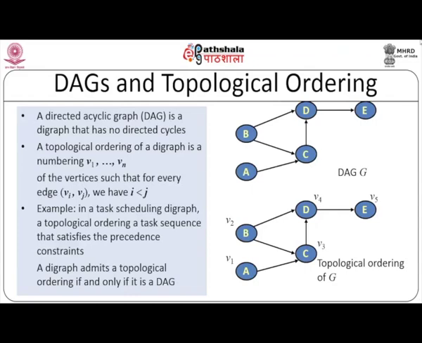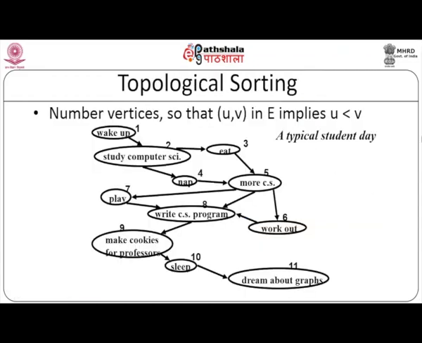The order is A, B (it could have been B, A also, it does not matter), then C, and then D and then E. So, that is the topological ordering, and the numbering of the Vs gives the topological ordering, such that for any edge (U, V), U is less than V, which we have already discussed.